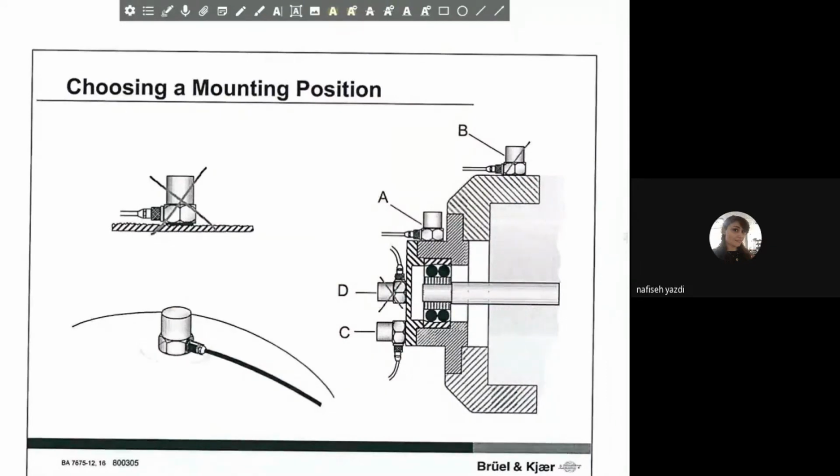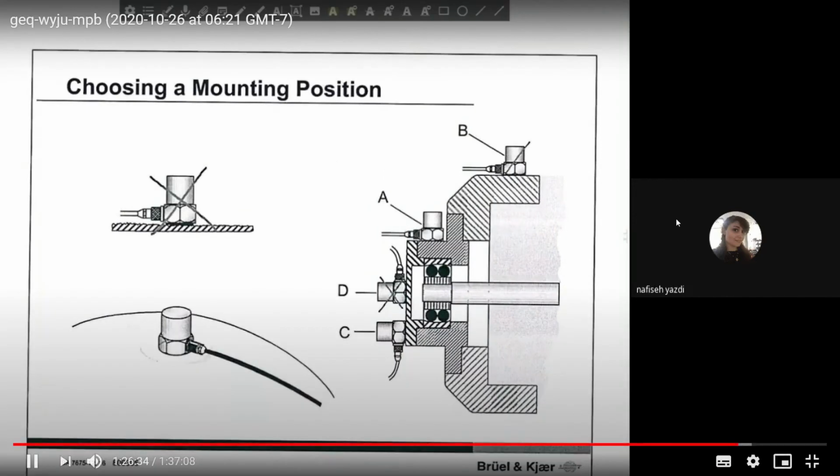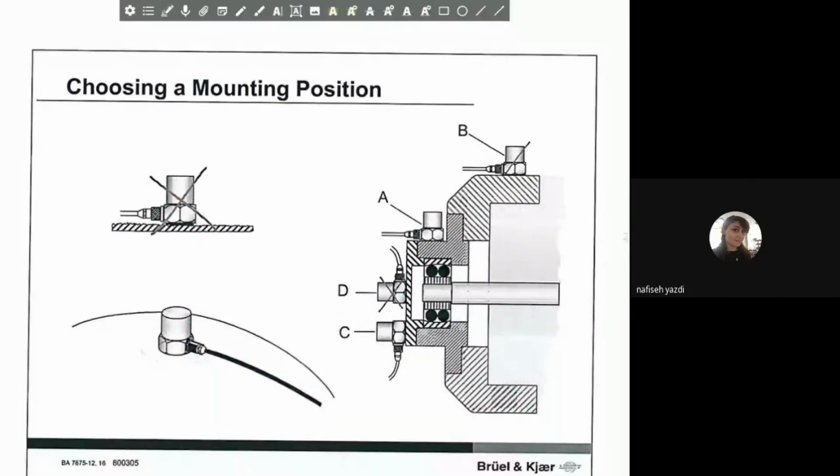Please note that it is not important that these two accelerometers, A and C, are not aligned with the measuring reference frame of the bearing and shaft. What is important is that these two accelerometers are measuring the right acceleration, regardless of the position. Positions A and C guarantee that the acceleration being measured is the one characterizing your shaft and bearing system.